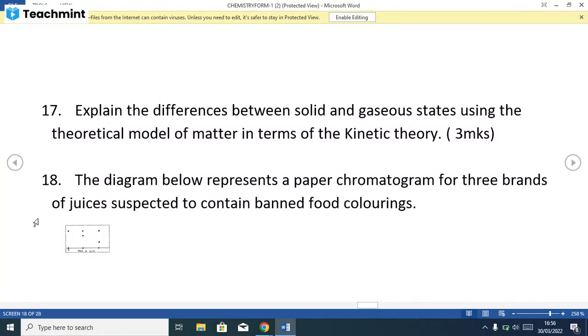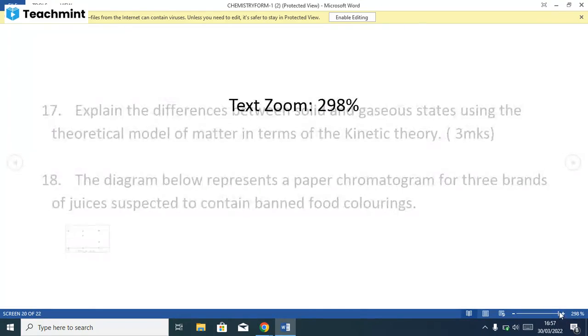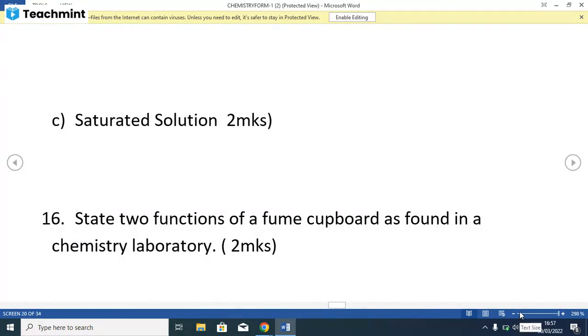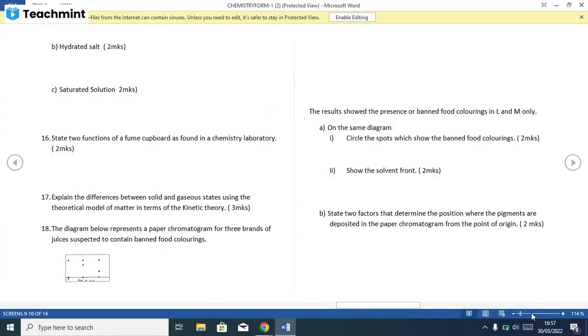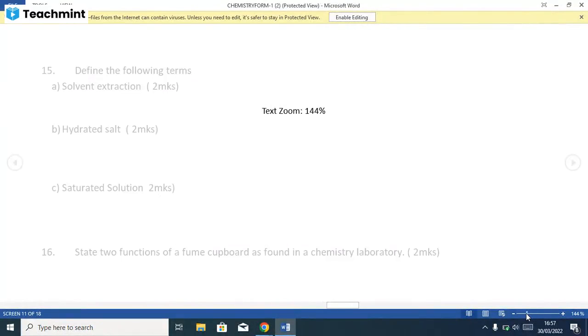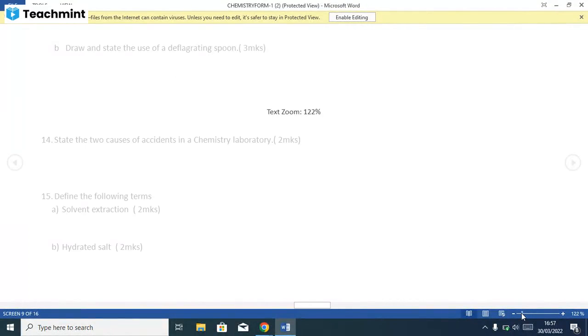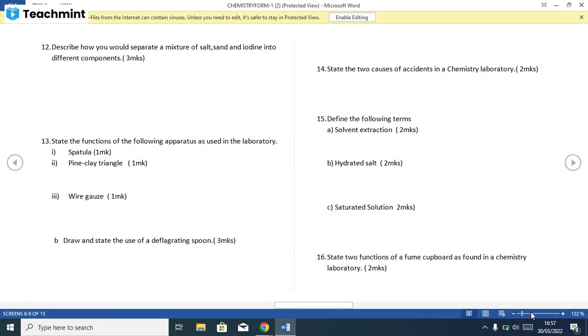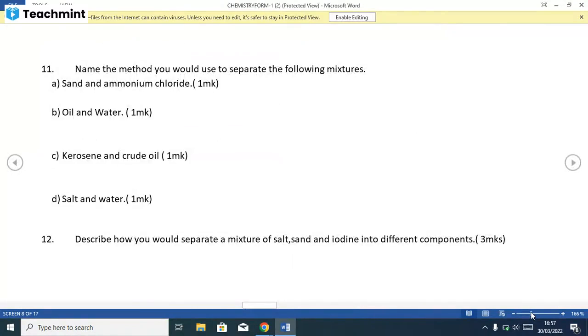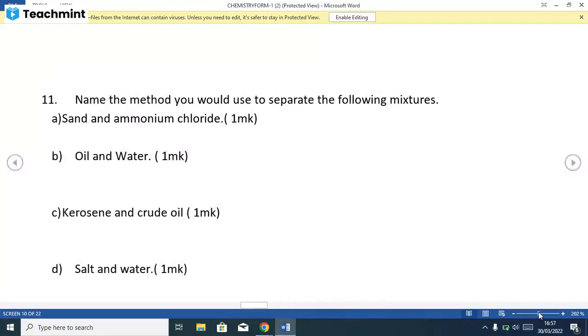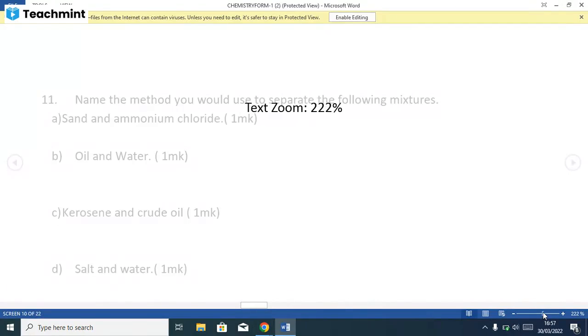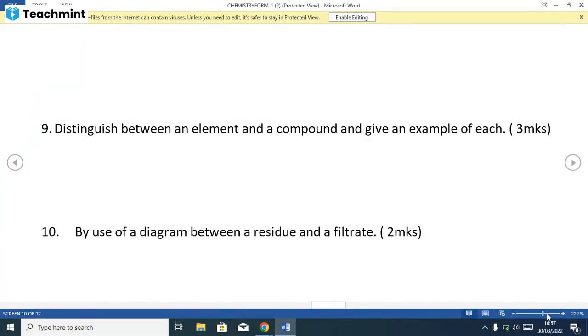Number 18. The diagram below represents a paper chromatogram for 3 brands of juices suspected to contain banned food colorings. This one we cannot see.